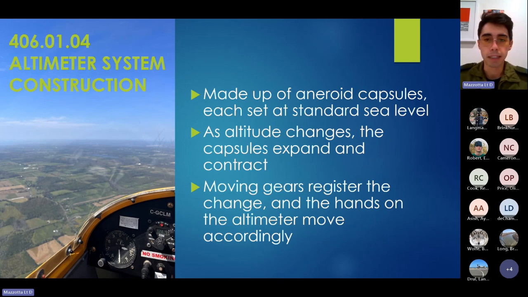So just like the airspeed indicator, it's made of an annular capsule that's set to standard sea level. And as altitude changes, or as the atmospheric pressure changes, the capsule will expand and contract. So it's going to read above sea level. So the moving gears register the change, and then the hands on the altimeter will move accordingly.